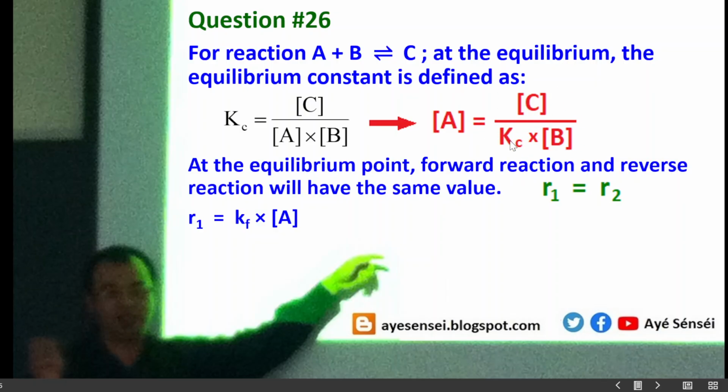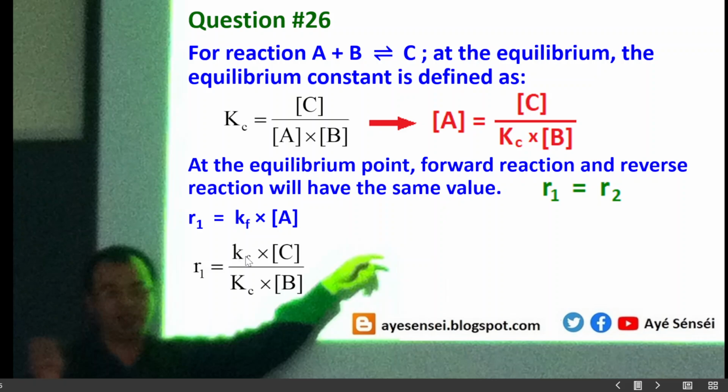So we can get this new expression, and then substitute it into this. By substituting the concentration of A, this is what we get: Kf over Kc multiplied by concentration of C over concentration of B.